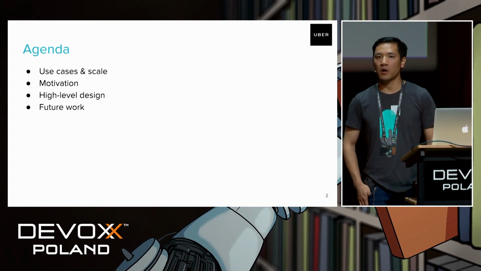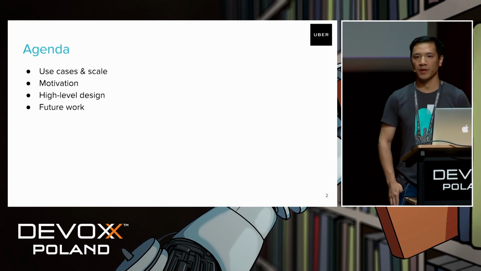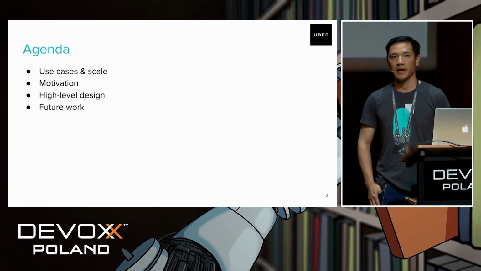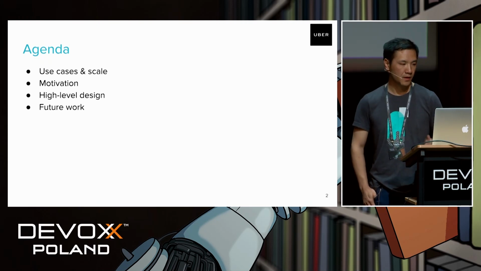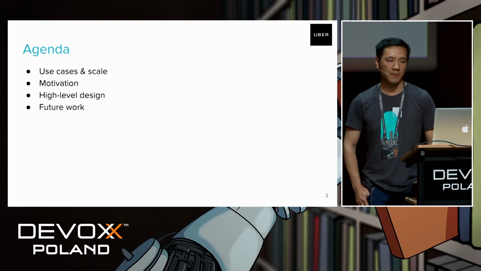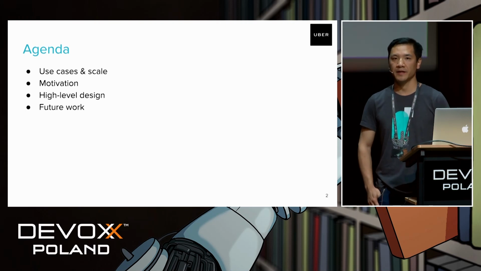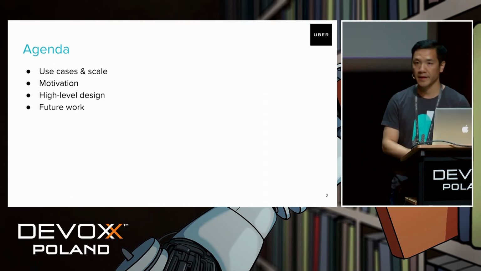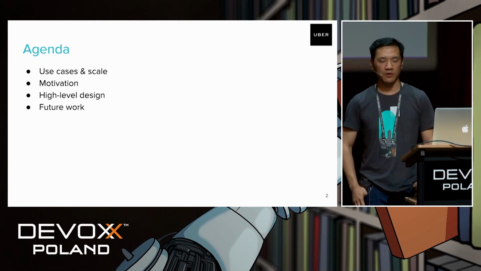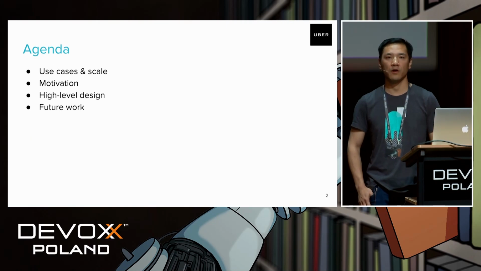Then we will talk about what motivates us to build reliable redeliveries and data queues on top of Apache Kafka. Then I will talk about some of the high-level design and architecture for this feature that we are building. At the very end, I will talk about some of the future work on our roadmap.